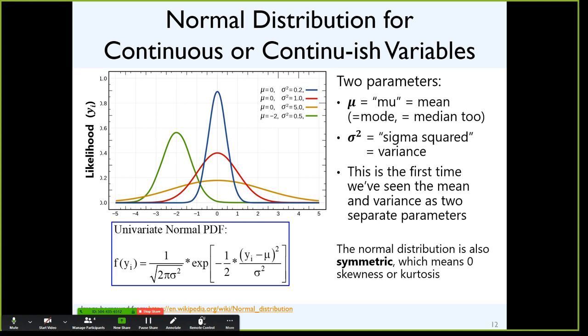It's much more likely, much taller, to be a mean of 0 in the blue because of the other thing that characterizes this distribution as a separate estimated concept, which is variance, or standard deviation, its square root. So the difference between blue and red and orange is that blue has variance, that's this thing here, sigma squared. So variance is the squared version. The square root is standard deviation.